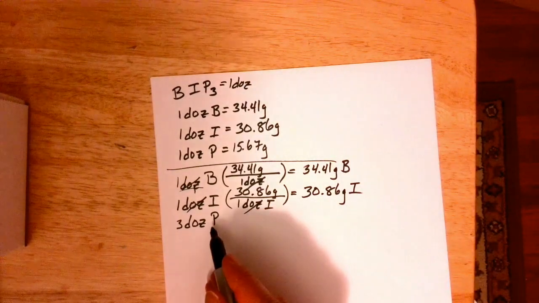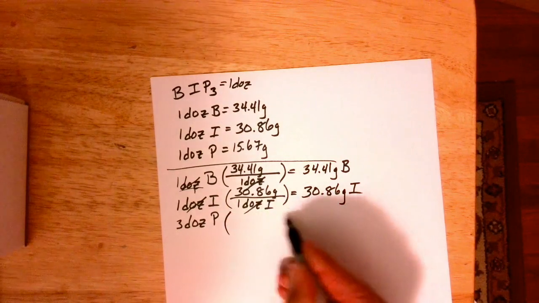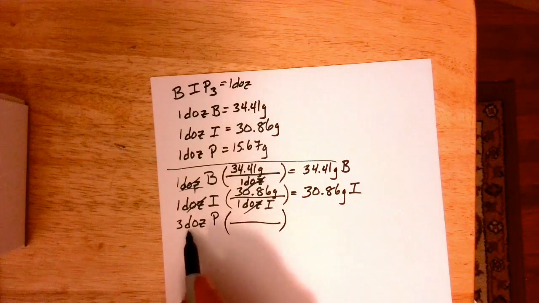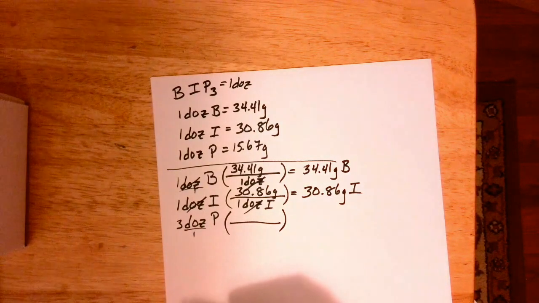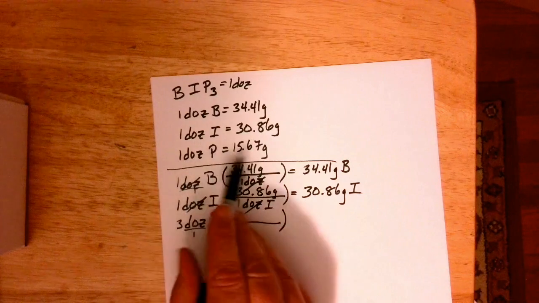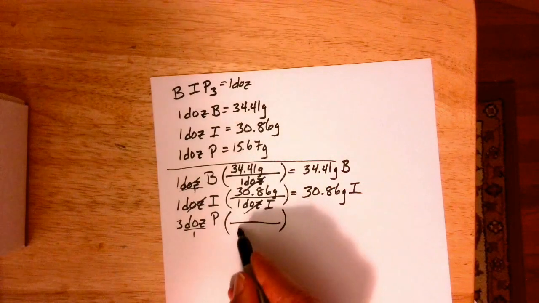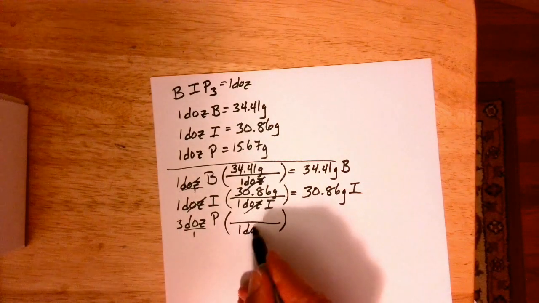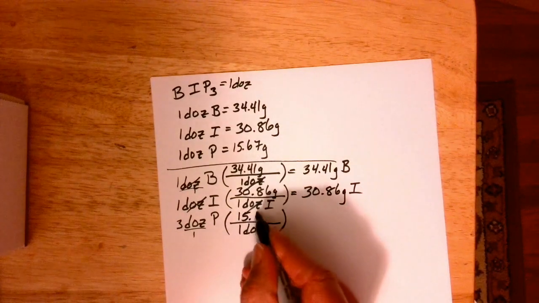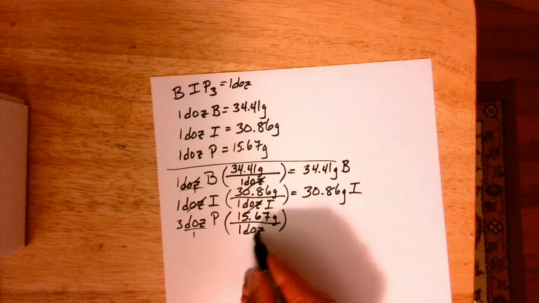And the last one for paper clips. So I have dozen, technically, again, is over 1. So I need dozen on the bottom over here. So 1 dozen paper clips is 15.67 grams. So 1 dozen on the bottom, 15.67 on top. Dozens will cancel.